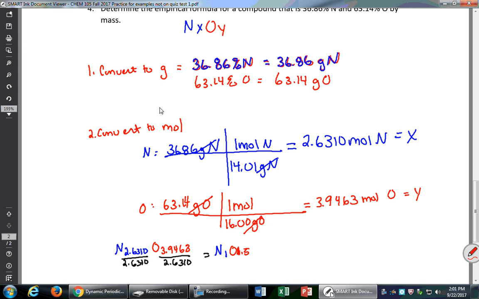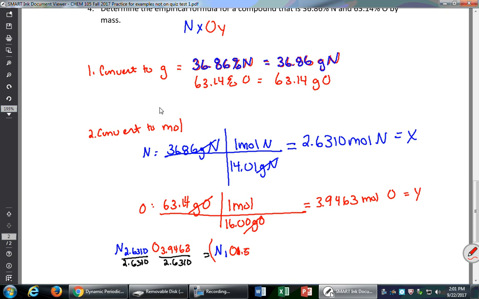And you get better at doing this. You can play around with it. If you multiply by 3, you still won't have a whole number. But you can think about your fractions. 1 divided by 2 is 0.5. That's a good way to start. 1 divided by 3 is 0.33, so that's a good way to look at that. 1 divided by 4 is 0.25. 0.75, you could also multiply by 4.